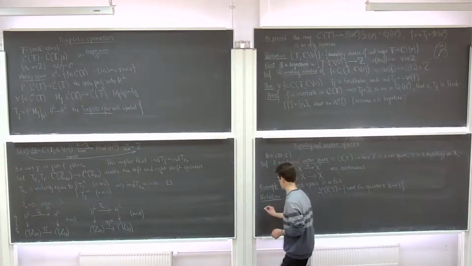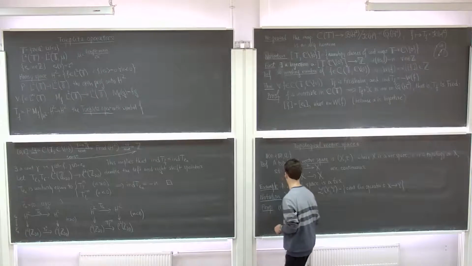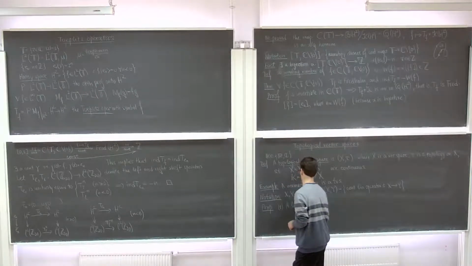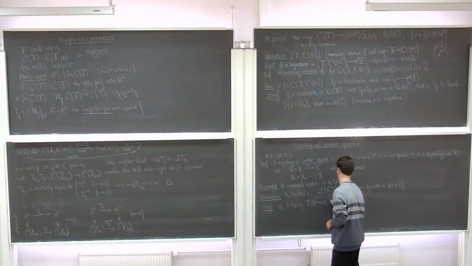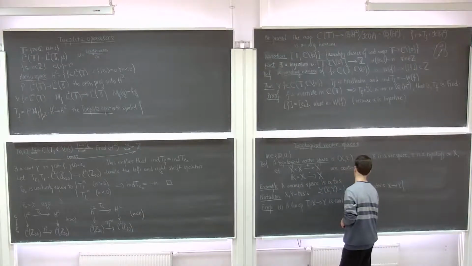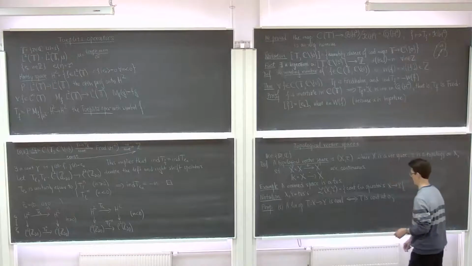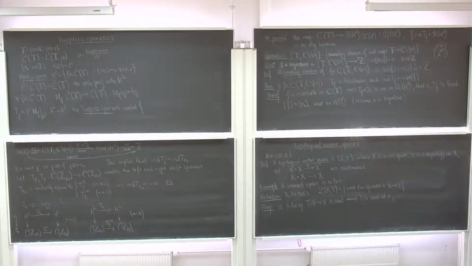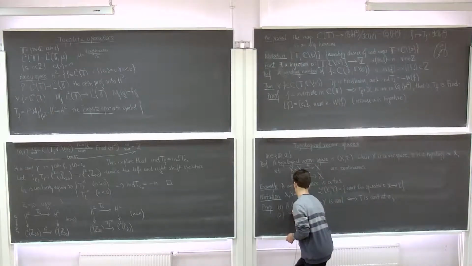So we have the following simple result about linear operators. Now, first of all, a linear operator T between topological vector spaces is continuous if and only if it is continuous at 0. And in fact, we can easily replace 0 by any other point of X. And second, the set of continuous linear operators is not just a set.